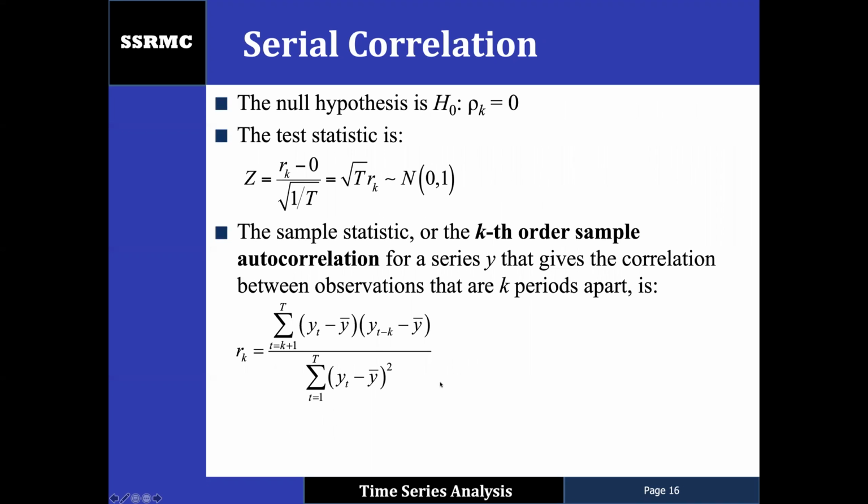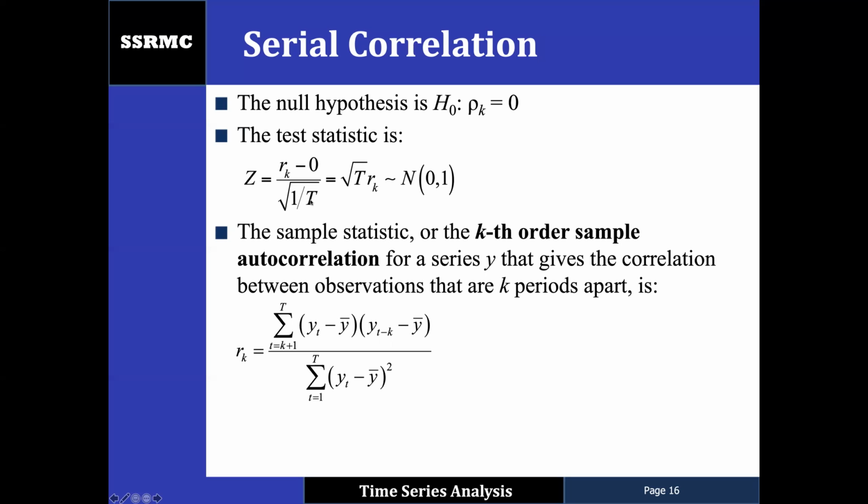Suppose we would like to test the hypothesis that rho k equals 0, or the kth order correlation among those variables is 0, which means there's no autocorrelation. We can calculate our test statistic using this formula. All we need are the sample correlation coefficient and the number of observations.